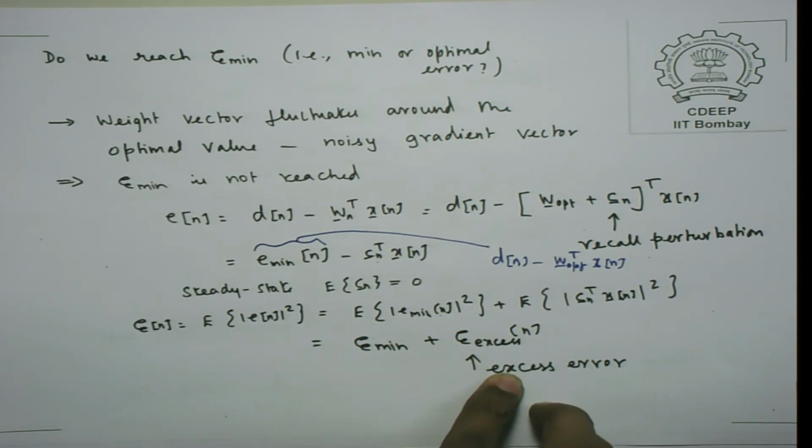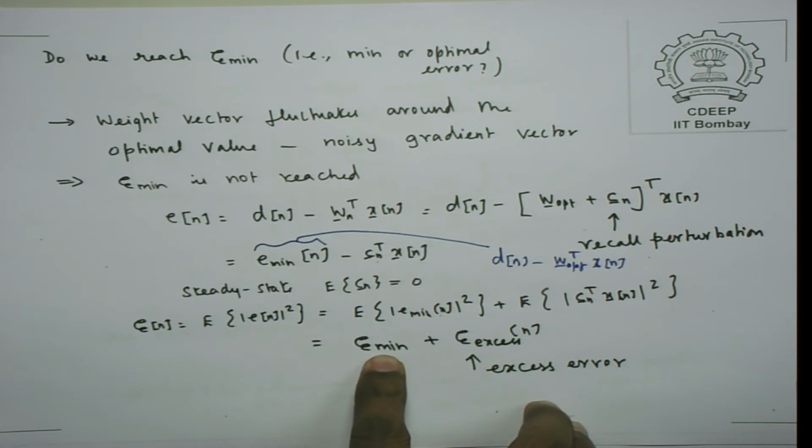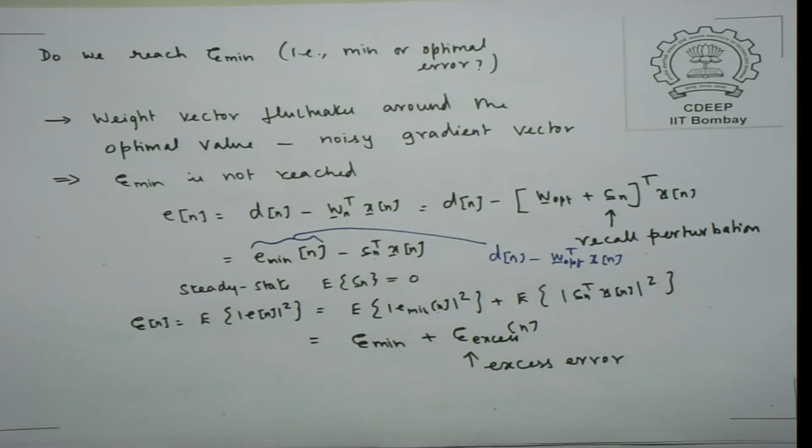In practice, we will not be able to get this excess error unless we know the minimum error. So what does this say? In the steepest descent algorithm, when we use known statistics such as Rx and Rdx, for the Wide-sense stationary case we converge exactly to the W optimal.